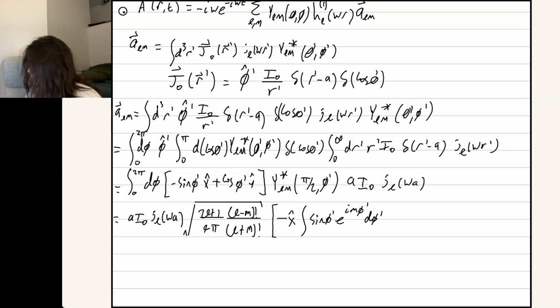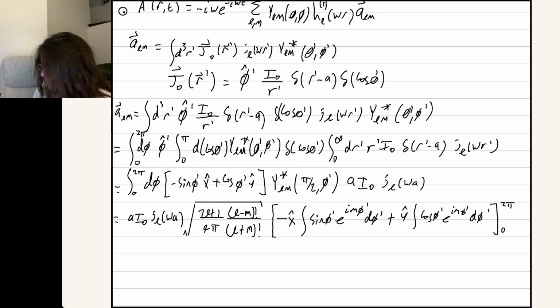And then also a plus y hat integral of cosine phi prime e to the minus i m phi prime, evaluated from 0 to 2 pi, and also somewhere in there I need to multiply by the P_l^m of 0 associated Legendre polynomial.